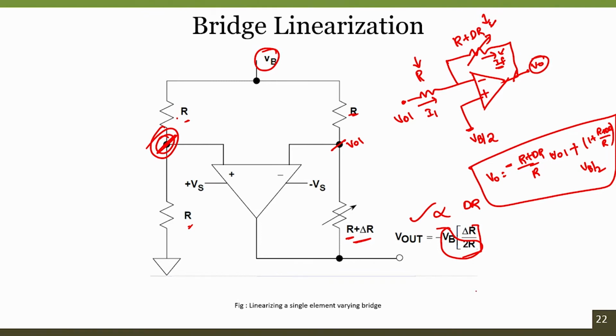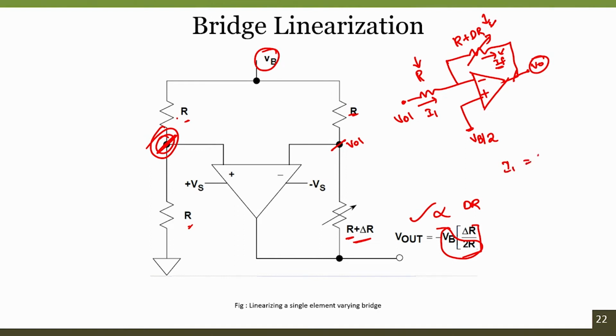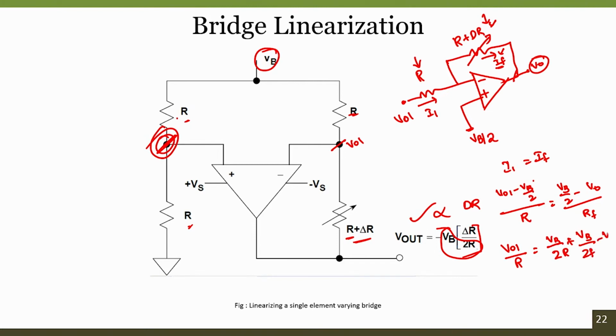You can further solve this. I1 is equal to IF, this is the basic rule which we already know: (VO1 minus Vb by 2) divided by R is equal to (Vb by 2 minus V naught) divided by (R plus delta R). Just for easy understanding, I am calling R plus delta R as Rf. So now we can see VO1 by R is equal to Vb by 2R plus Vb by 2Rf minus V naught by Rf.